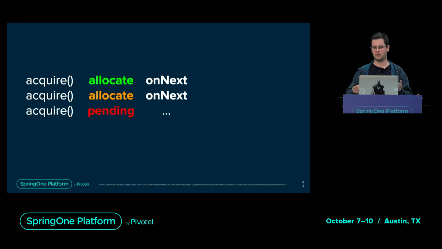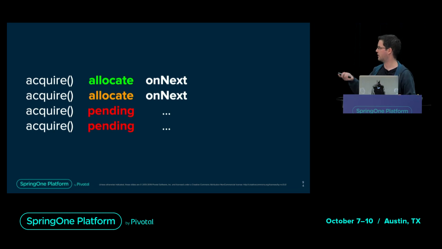Since you obtain a mono, it's all lazy, right? And it doesn't have to return immediately or block. So you can compose a pipeline that uses this mono, and the pipeline won't get realized until an object is released back to the pool and gets ready. So even if you do a fourth acquire at this stage, the returning mono will be pending, and you will not receive a resource just yet.